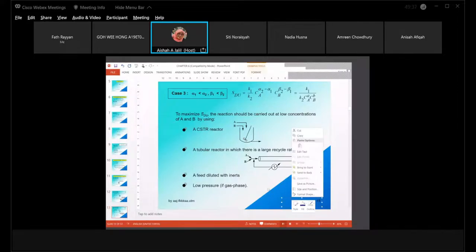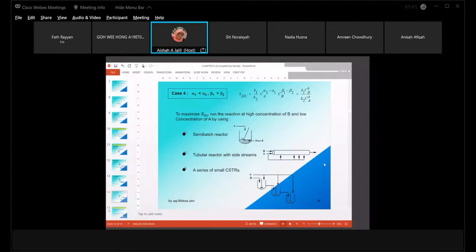And then next, case 4. Case 4 is the apa? Terbalik daripada case 2, okay? Now CB is at the top, CA is at the bottom.